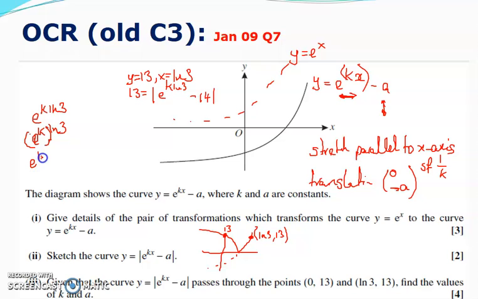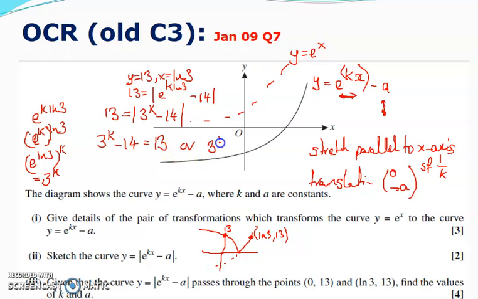So I can rewrite that as e to the log 3, all to the k, and that's the same as 3 to the k. So that's interesting. That tells me that 13 equals the modulus of 3 to the k minus 14. So 3 to the k minus 14 is either equal to 13 or minus 13.